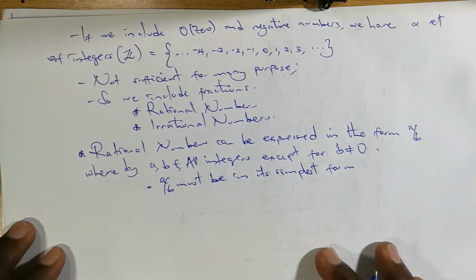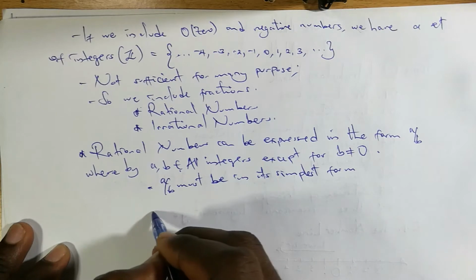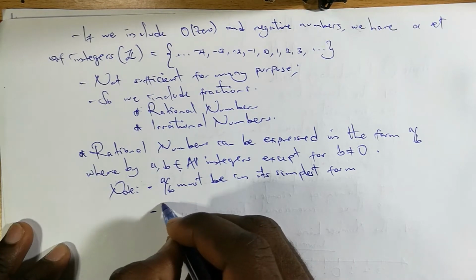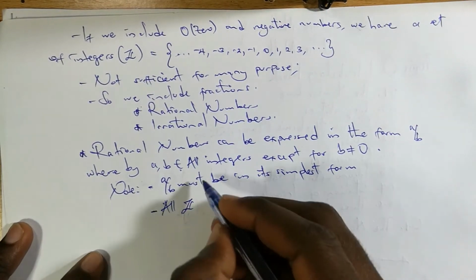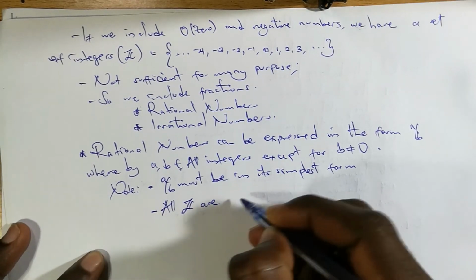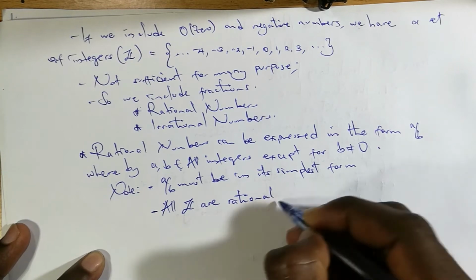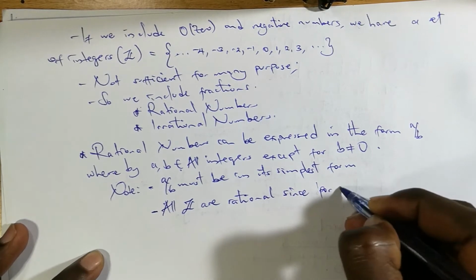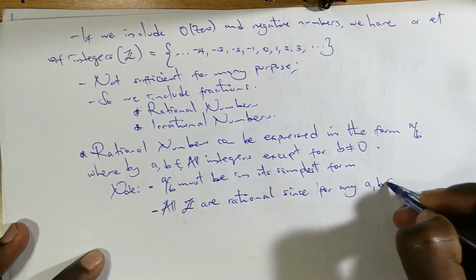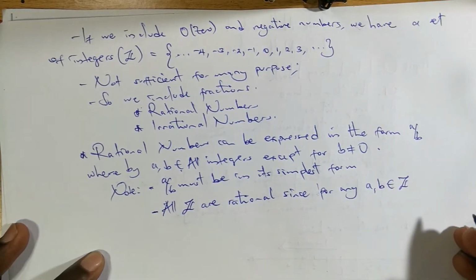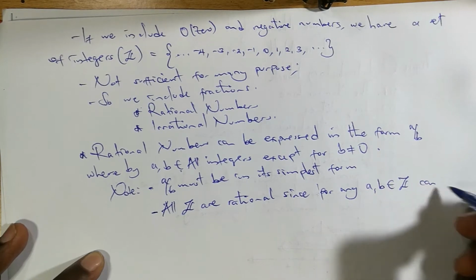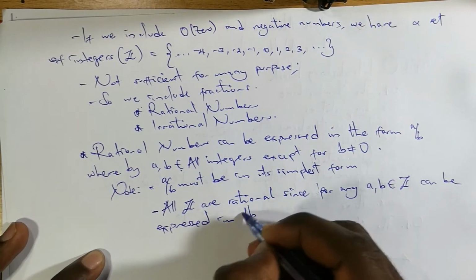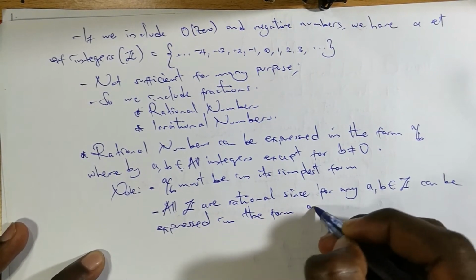Another thing we have to note is that all integers are rational, since for any a being a member of the set of integers, it can be expressed in the form a out of 1.